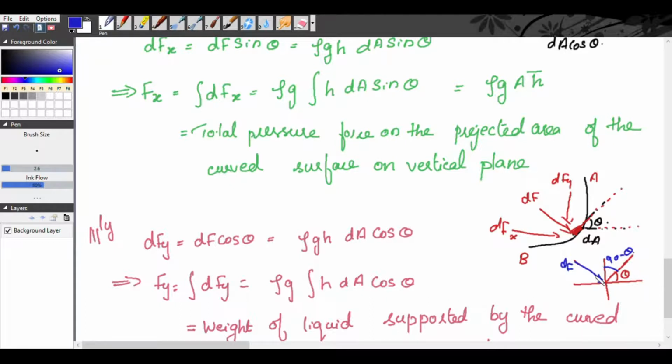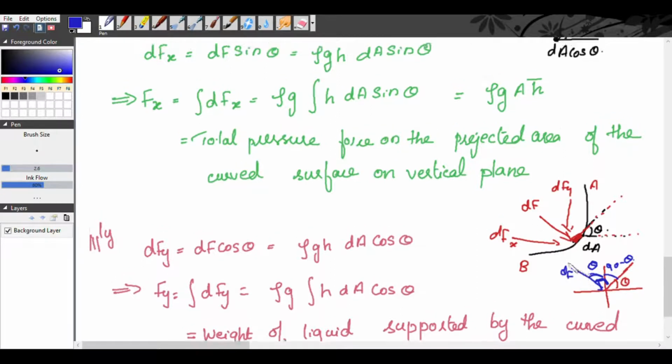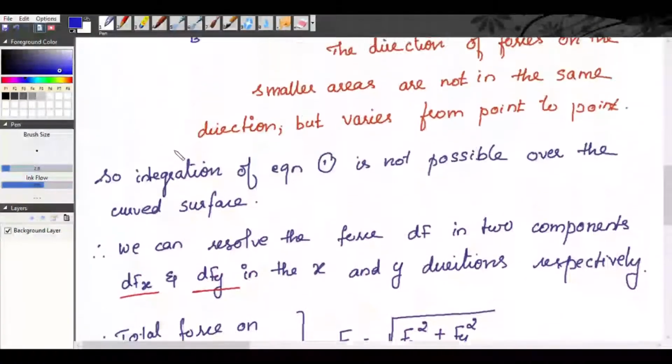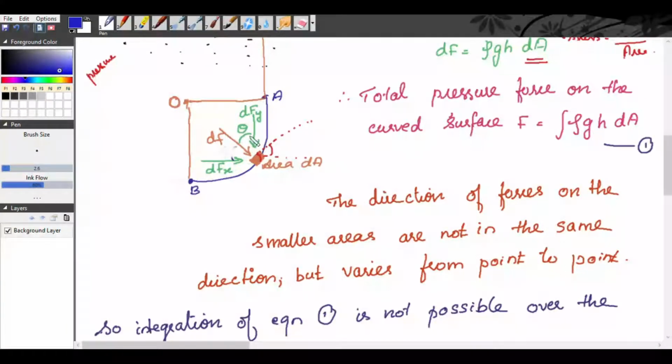But this is 90 degrees, since these are normal. That means this angle is theta, that is, this dF makes an angle of theta with the vertical. That is why it is given here as theta.